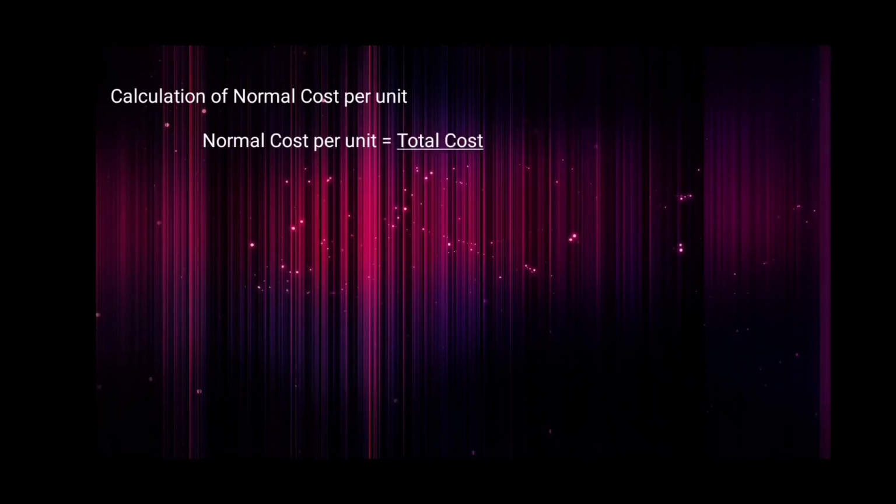So calculation of normal cost per unit. Let us prepare working note number 1. Normal cost per unit is equal to total cost minus normal loss amount divided by total quantity minus normal loss quantity.